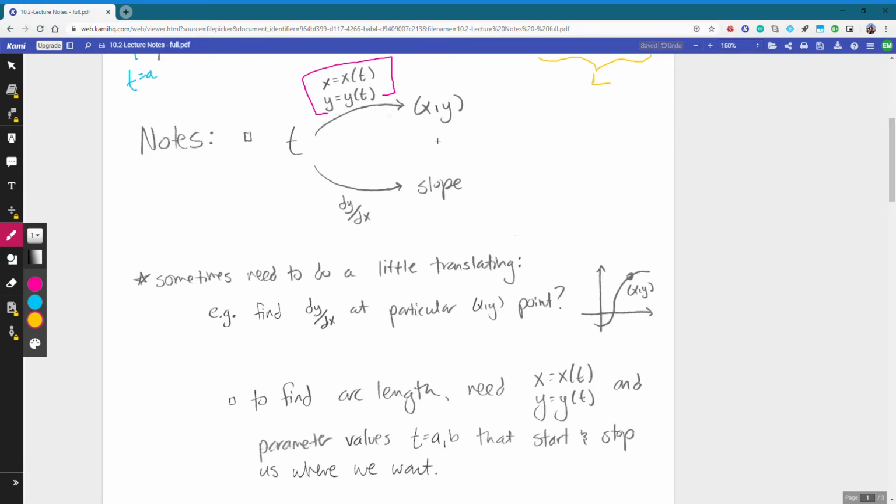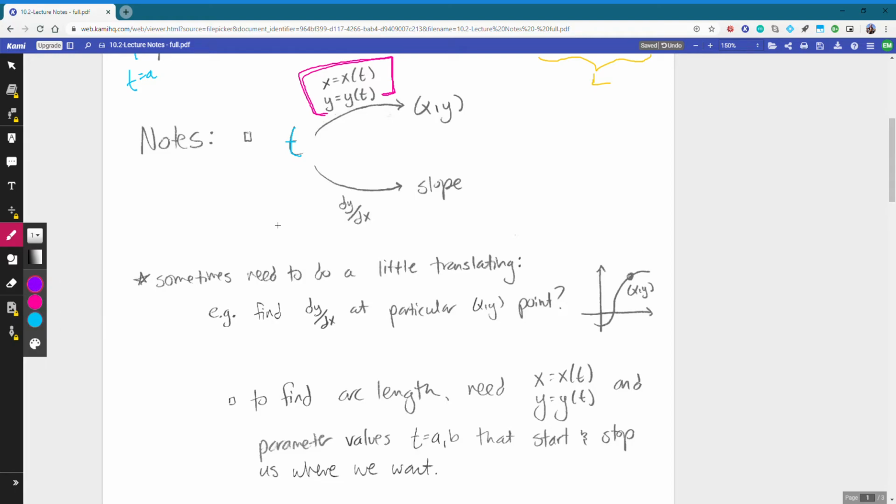The first note is thinking about how our formulas work. Specifically, if we think about our parametric equations, the way that they work is they take a particular time t, and once we plug in t, these are going to spit out an x and a y coordinate.